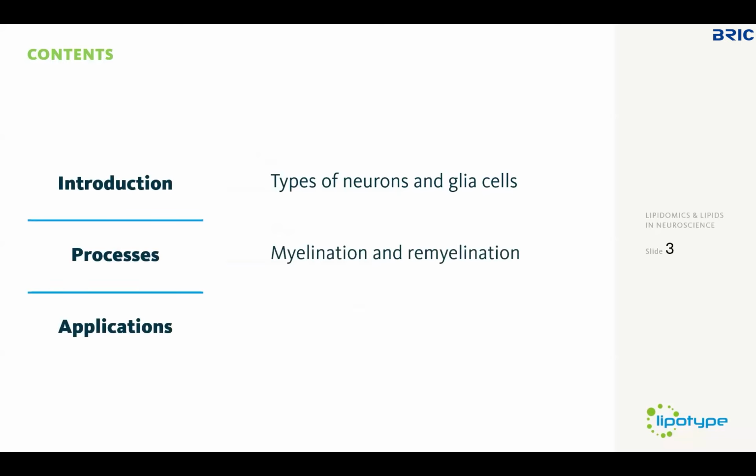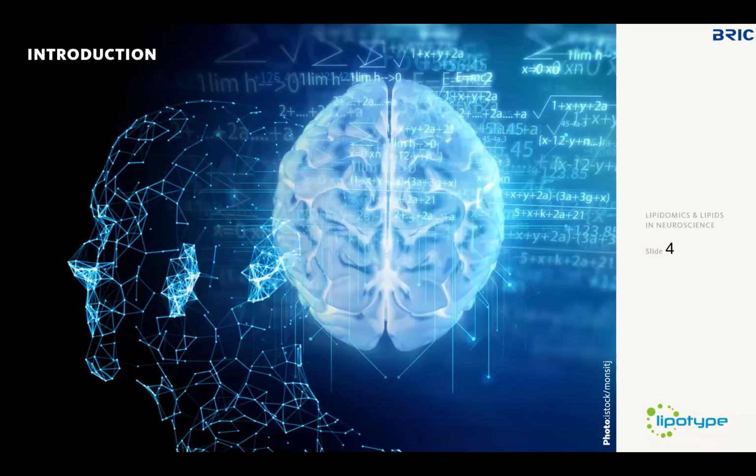We will then go through the processes that happen in our bodies normally, both myelination and remyelination. And then we'll talk very briefly about the applications of mass spec to particular diseases. Today we'll cover Parkinson's disease, Alzheimer's disease, and multiple sclerosis.